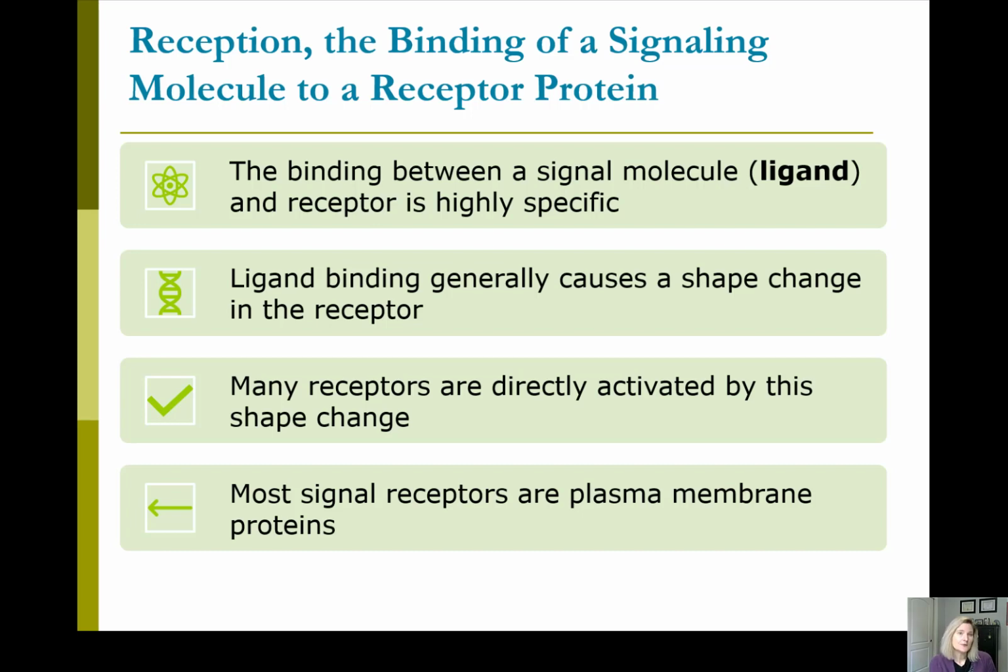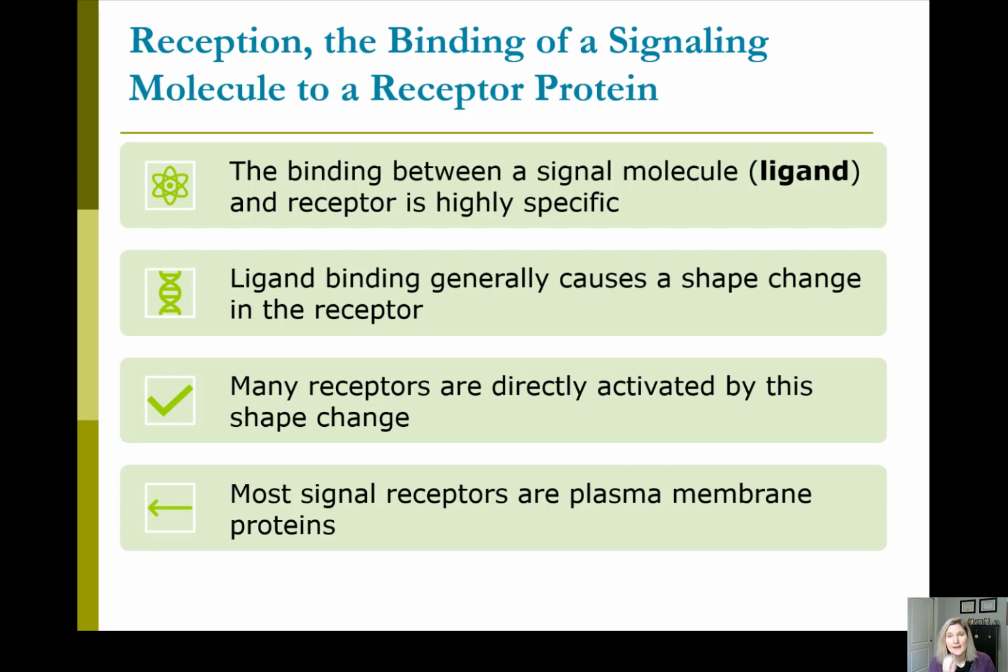So the receptor, again, is going to be the protein that's embedded in the plasma membrane. And that receptor has a very specific reception site where the signaling molecule, which is known as the ligand, is going to attach. So it's a very, very specific receptor site, so only that particular signaling molecule can attach to it, or that specific ligand can bind to it.